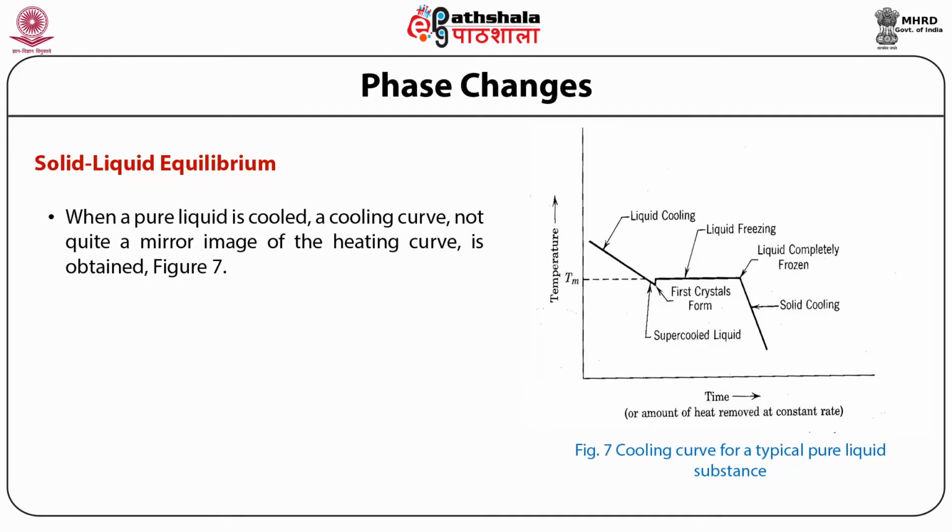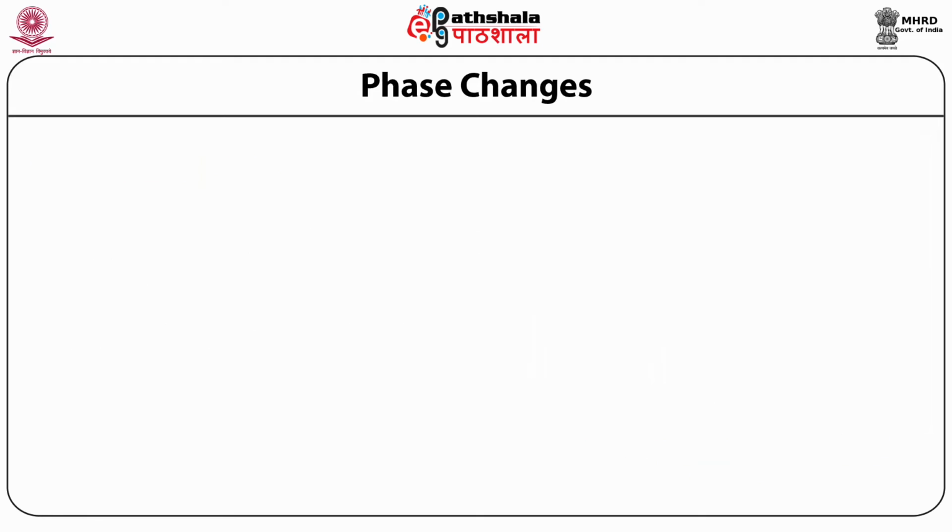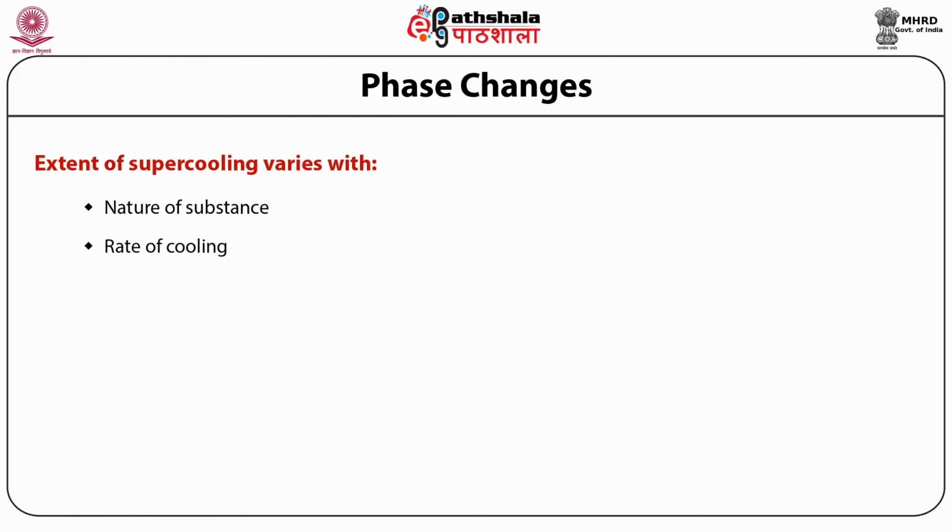As shown in the figure, the temperature may fall below the equilibrium freezing point before the first crystal appears, a phenomenon known as supercooling. The extent of supercooling varies with the nature of the substance, the rate of cooling.